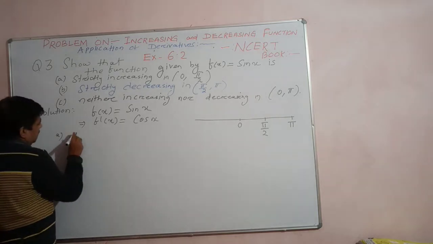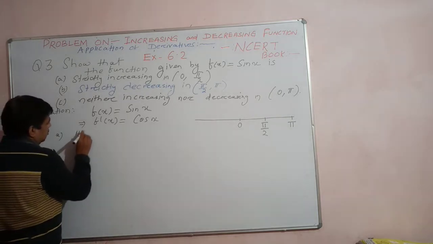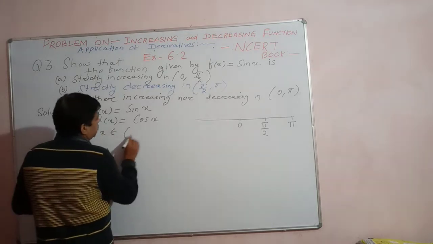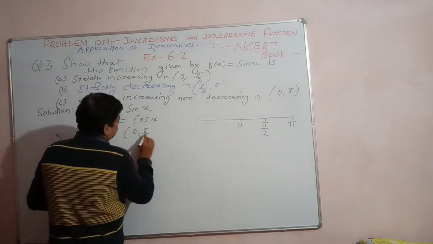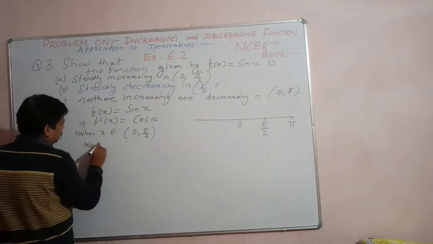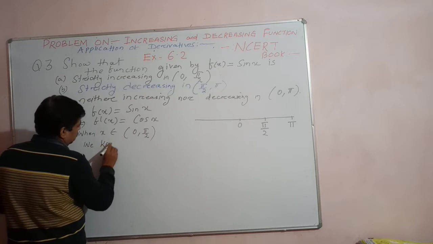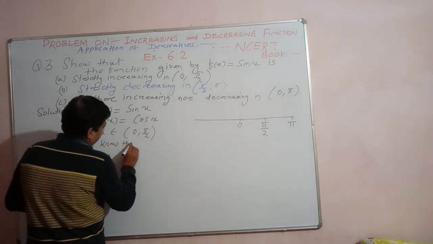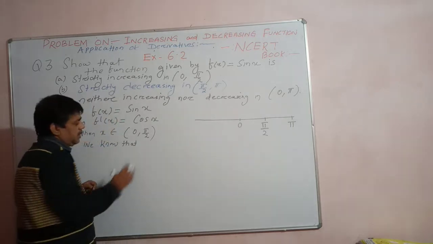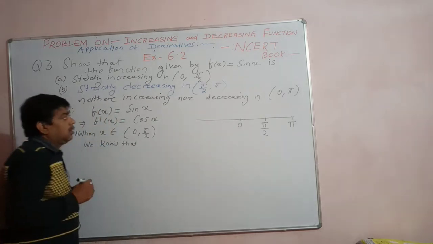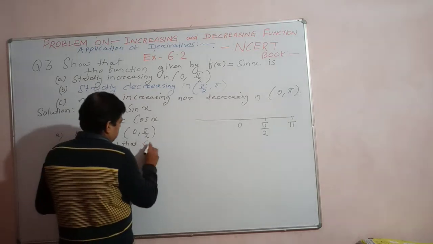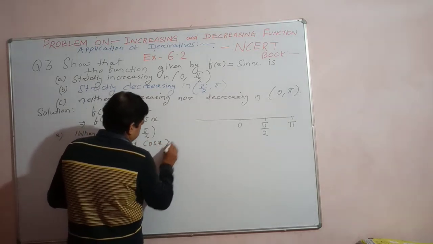Part A: in the interval when x belongs to 0 to pi by 2, the domain of the function lies in the first quadrant. In the first quadrant, cos x is positive, so cos x is greater than 0.